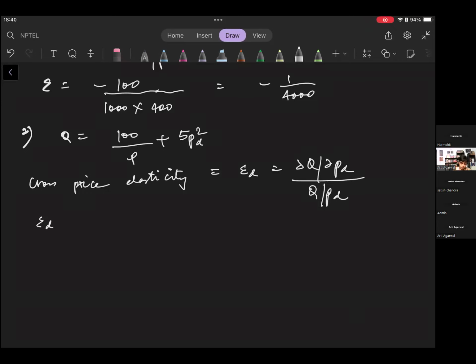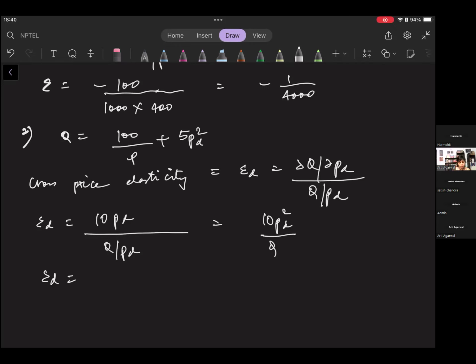So epsilon d, del q by del PD, is 10 PD, right, upon q by PD. So what you get is 10 PD square by q.